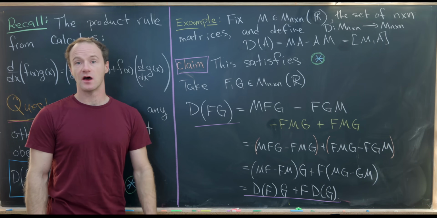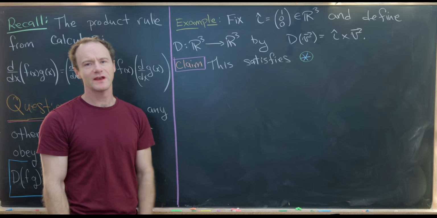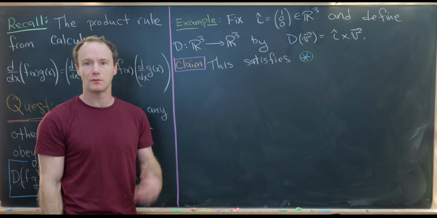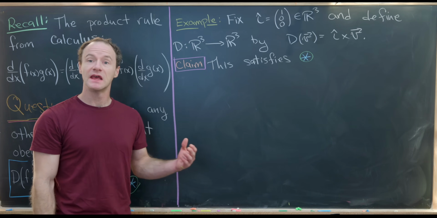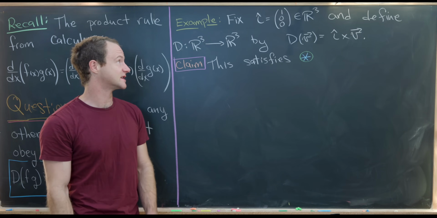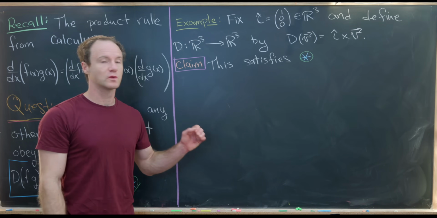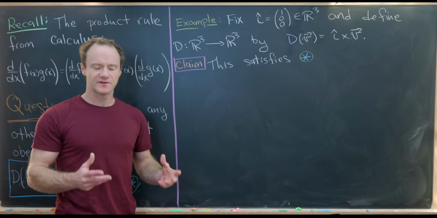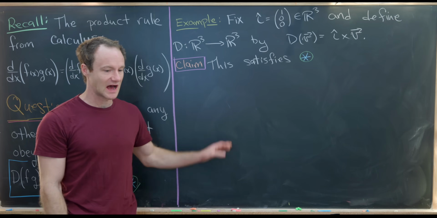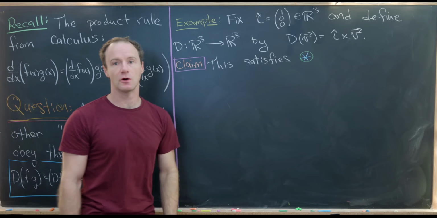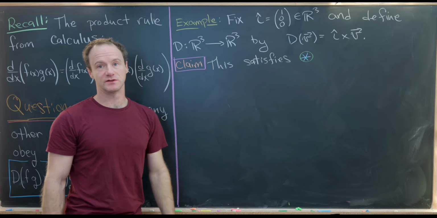Okay, so let's look at another example. Our next example is something that you might see in a Calculus 3 class or a multivariable calculus class. Again, I think it would be a nice homework or maybe group work exercise in such a class. We'll start by fixing a vector in R3. For the sake of simple calculation, I've fixed the unit vector i, in other words 1, 0, 0, although any vector will do.